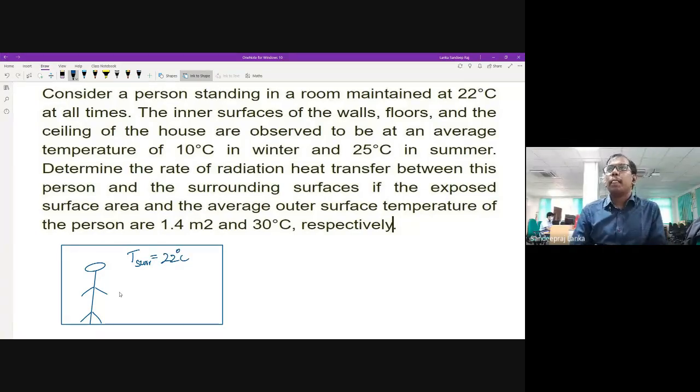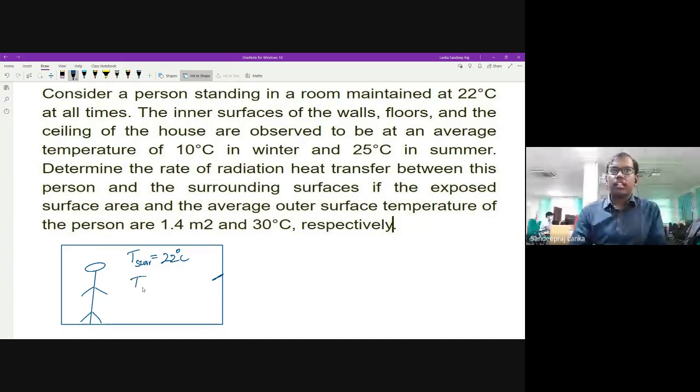Then the inner surfaces of the walls, floors, and the ceiling of the house are observed to be at an average temperature of 10 degrees centigrade in winter. So whatever the average temperature of these walls, ceiling, and floor, it is observed to be at 10 degrees centigrade.